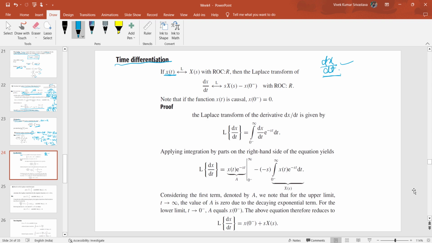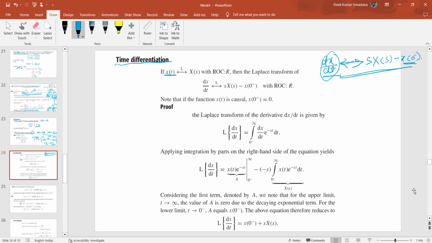The Laplace transform of this signal is basically defined as s x of s minus x of 0 minus. Basically this defines the initial condition. By using this property we can evaluate the Laplace transform of a differentiation function.